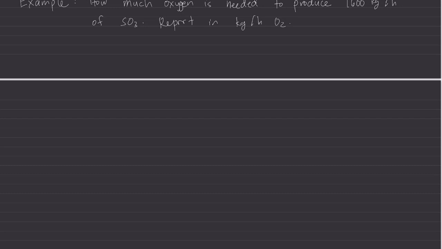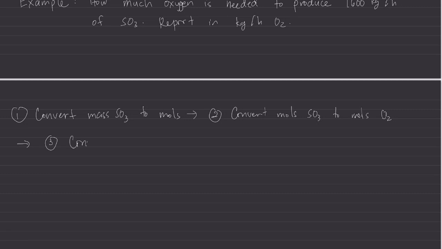So yung game plan natin dito is first to convert mass SO3 to moles SO3, and then convert moles SO3 to moles O2, and then convert moles O2 to mass O2. And then we arrive to our answer.